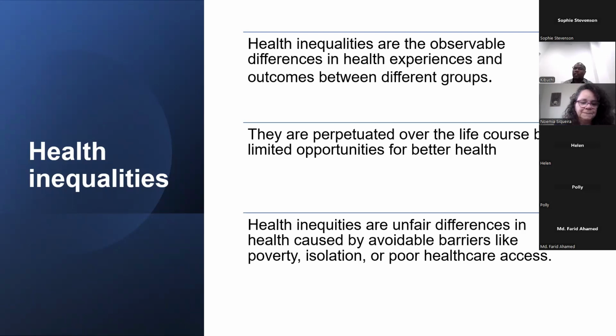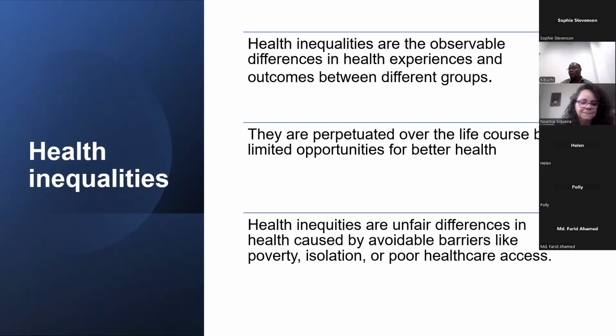And usually these differences are perpetuated over the life course, so they don't start at a certain point of life. For example, take a child born in slums right now, or let's start from a pregnant woman in slums. There are high chances that she is not getting good antenatal care.